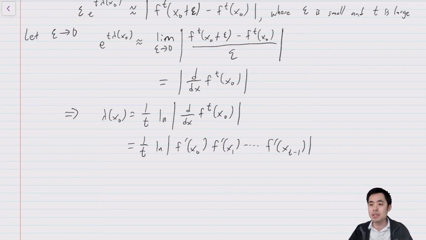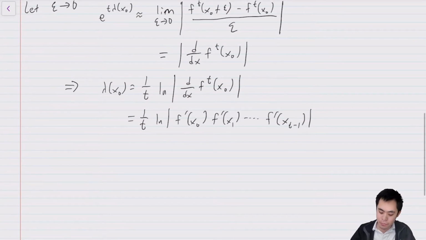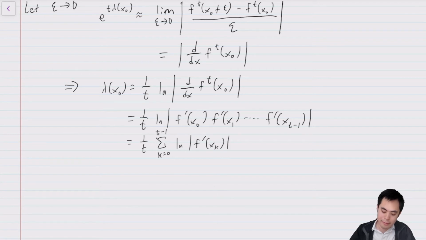But the first derivative doesn't actually depend on the fact that it is a cycle. And so this is equal to 1 over t times the sum from k equals 0 to t minus 1 of natural log of the absolute value of f prime of x k. Okay, but we still have t dependence.